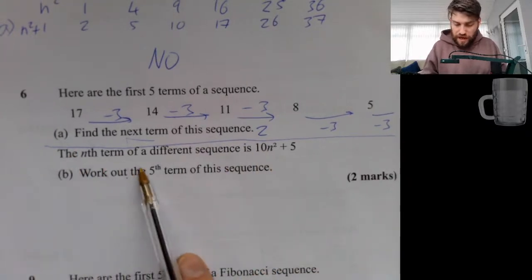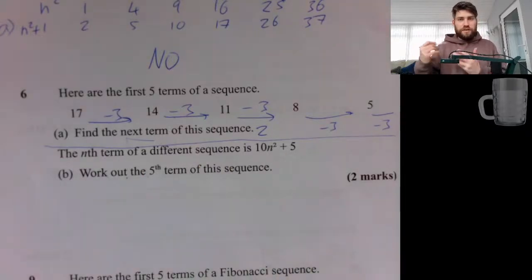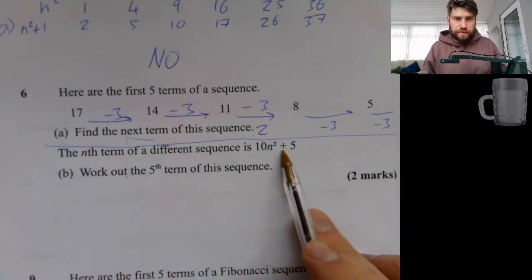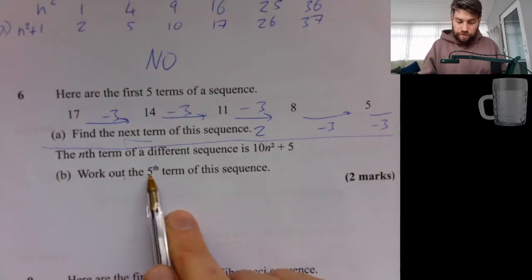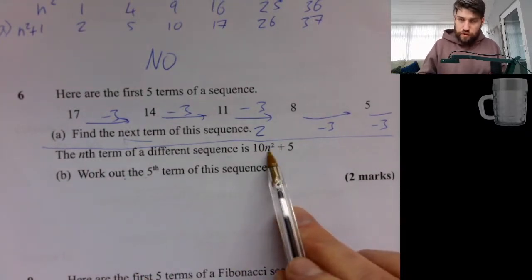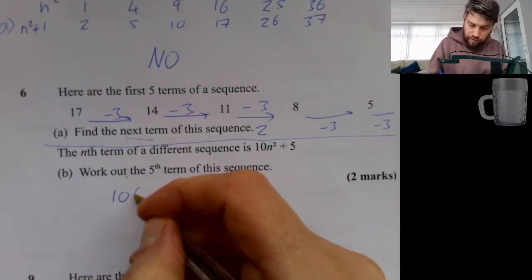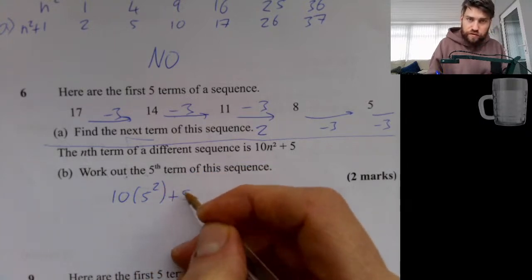Work out the 5th term of the sequence. So the nth term of a different sequence is 10n squared plus 5. So it's checking, do you know how to substitute this number into that formula? The expression is given to you because there's no equals on it, it's an expression. So for the 5th term, all we're going to do is substitute that n for this 5 here. So it'll be 10 times brackets 5 squared, plus 5.